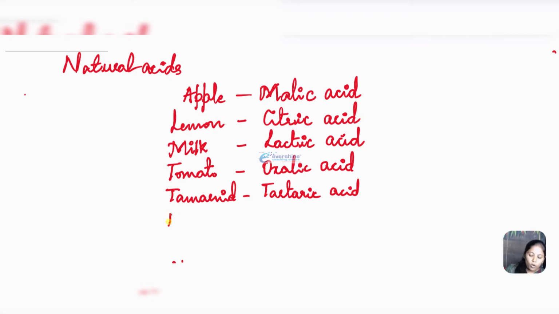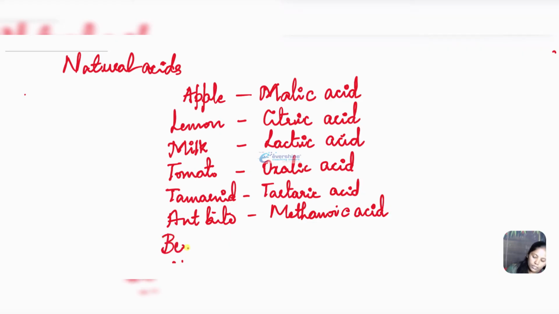Then what does an ant bite release? An ant bite releases methanoic acid. Bee sting consists of methanoic acid. Nettle leaf also consists of methanoic acid.